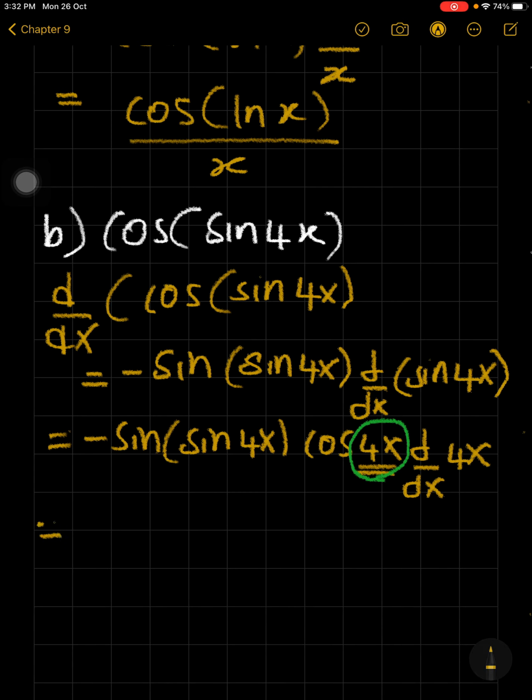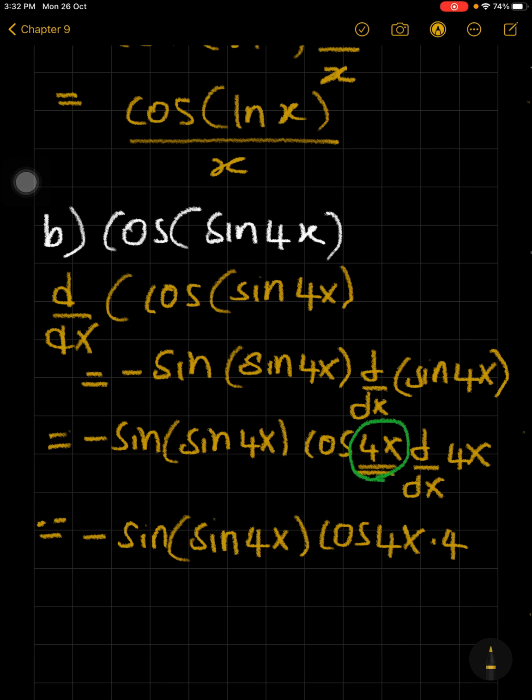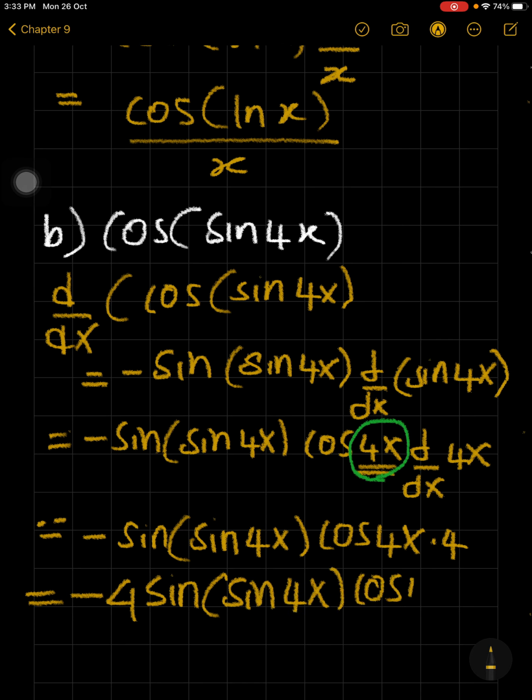Okay, so the last answer is negative sin 4x cos 4x. Okay, differentiate 4x, you get 4. Okay, tak cantik lah kan 4 kat situ. So kita rearrange 4 tu pergi depan lah. So negative 4 sin 4x cos 4x.